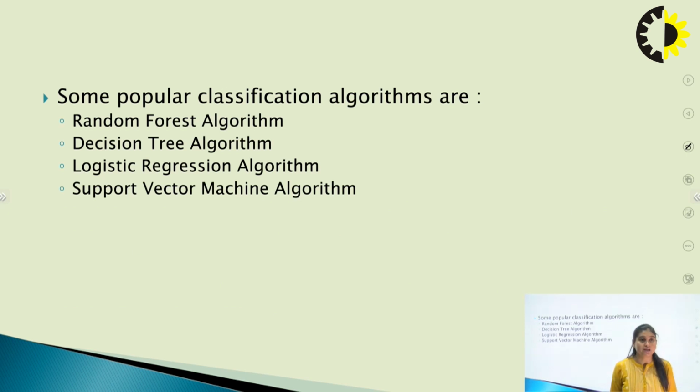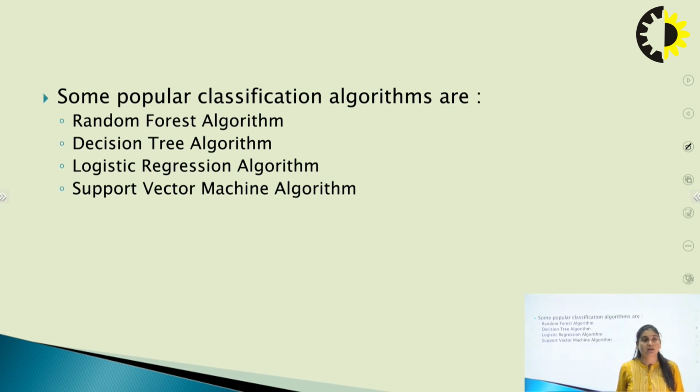Some of the popular classification algorithms are random forest algorithm, decision tree algorithm, and logistic regression. There are two regressions: first is the linear and the logistic. There are many more, but the linear is the basic one, and the other one is the logistic regression. Although the name is regression, it is used for classification.